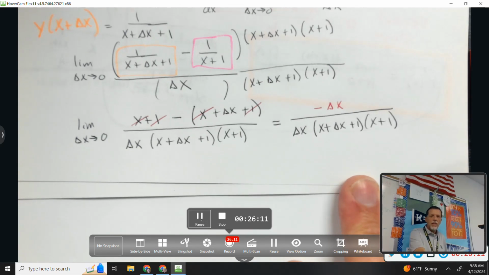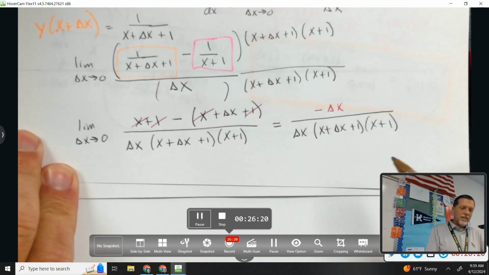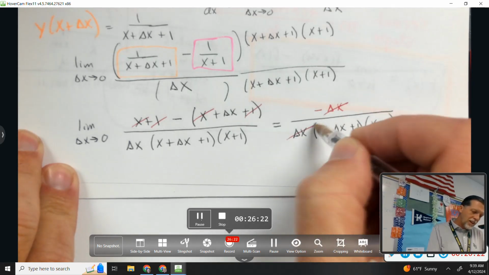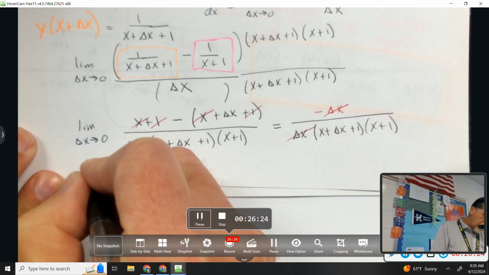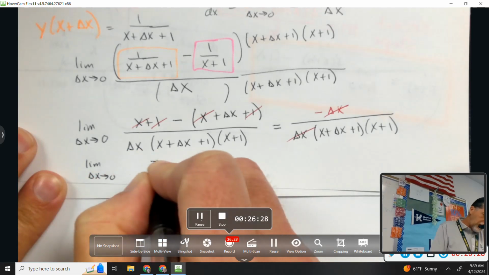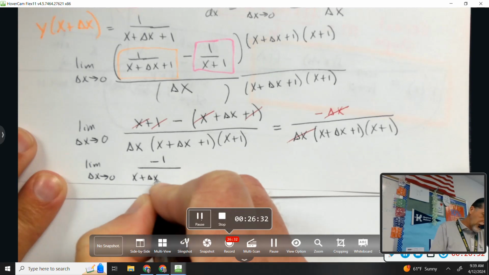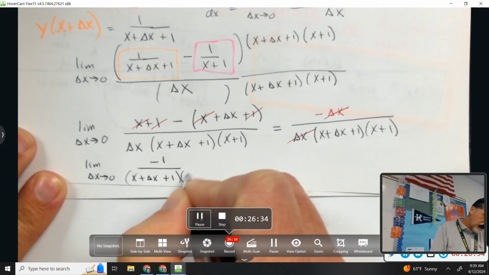Okay, anything else we'll cancel? The delta x's will go away. So limit as delta x goes to 0 of negative 1 over x plus delta x plus 1 times x plus 1.